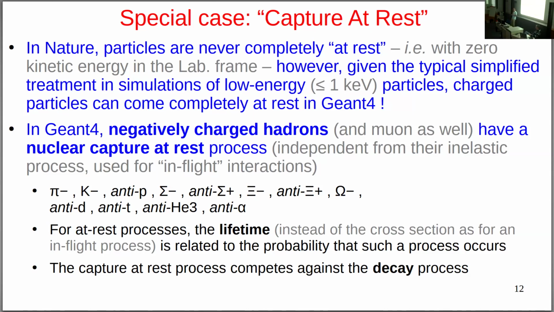This is called nuclear capture at rest. And sometimes for unstable particles like negative pions and negative kaons, this nuclear capture competes against the decay. So there again, we throw a random number and decide which of the two based on the lifetime of this process, no cross-section. There is no cross-section for an at-rest particle.